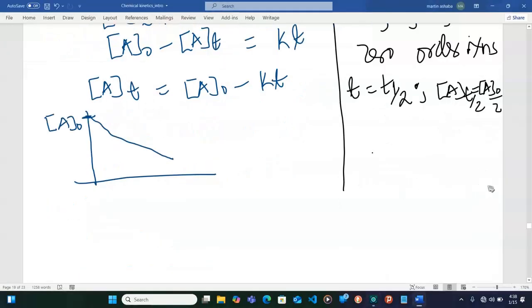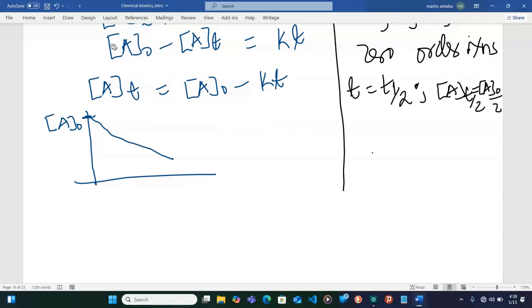So ladies and gentlemen, if we are looking for the half-life, we are saying already after the time equivalent to half-life, the amount that is going to be present from the initial concentration is going to be half of the initial concentration. So what does that mean? We are saying after t half, then the amount that is going to be.